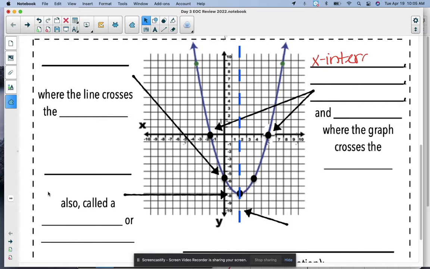Because again, the x-intercept has several names. We know it as our zeros, our solutions, and our roots. And again, this is where the graph crosses the x-axis.